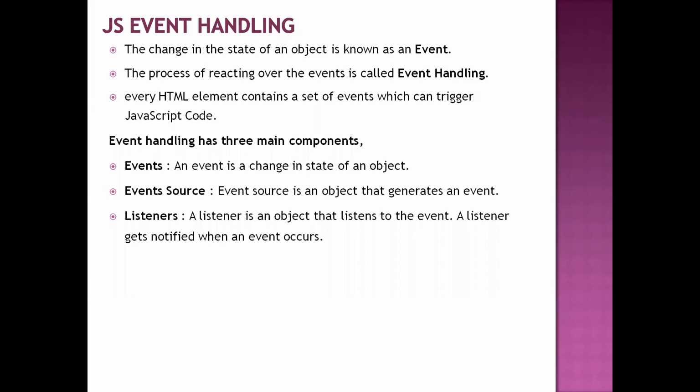Whenever I click, some action will be generated. That we are calling an event. Whenever that event is generated, I want to execute the function. So automatically the signal goes to that function, and your function will get executed. So your function is a listener.